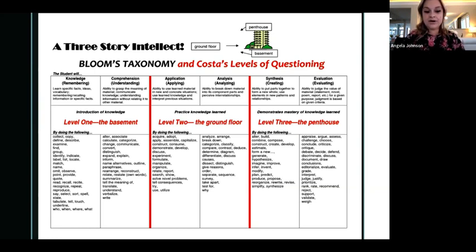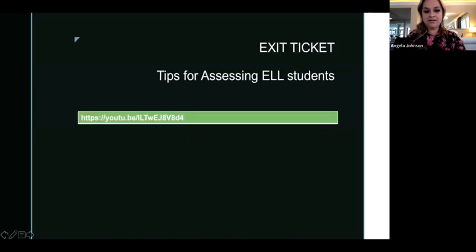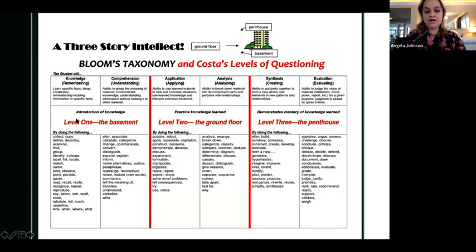Think about how you're going to use those three levels if you're using Costa's levels, or six if you're thinking of Bloom's. Bloom uses knowledge, comprehension, application, analysis, synthesis, and evaluation, or remembering, understanding, applying, analyzing, creating, and evaluating.